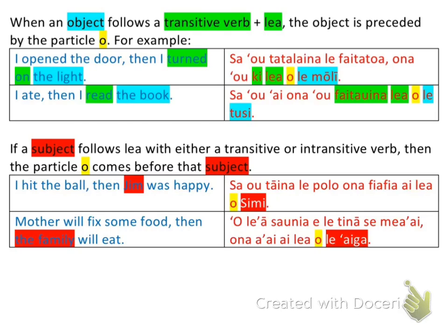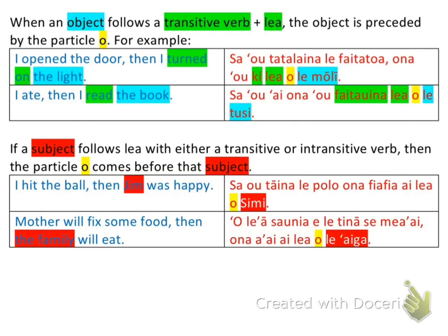So then the last thing that we need to talk about is if a subject follows lea. So instead of an object following lea, we're talking about someone doing an action. Then you also just do a particle o. So whenever I have a subject other than a pronoun, so my emphatic pronouns or my descriptive pronouns, if I have some kind of subject other than those, then I do the same thing.